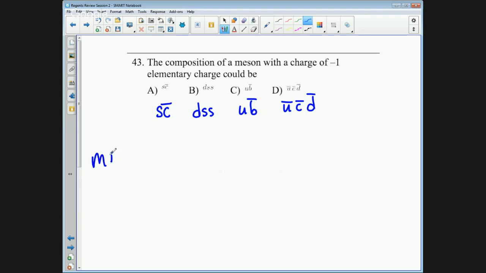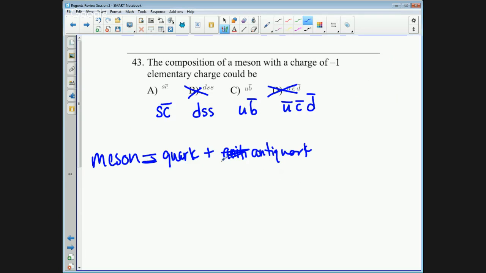For a meson, according to page 3 of your reference table, a meson needs a quark plus an antiquark. So the choices that are eliminated are D and B, right? We don't need these.